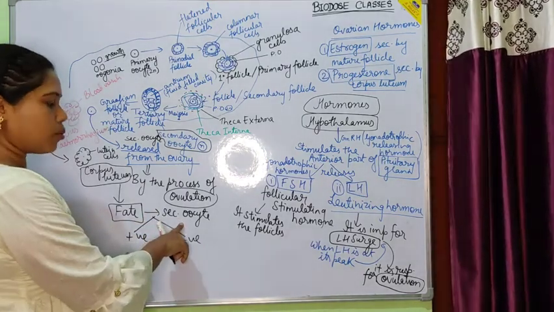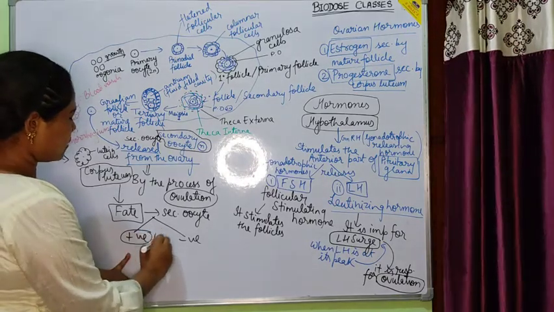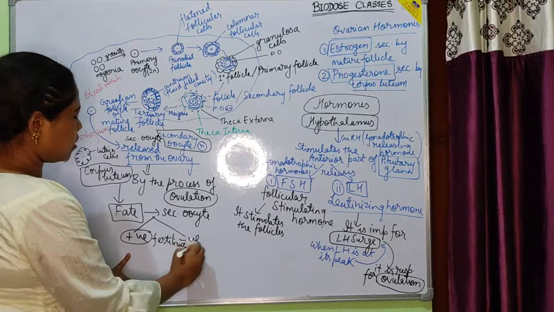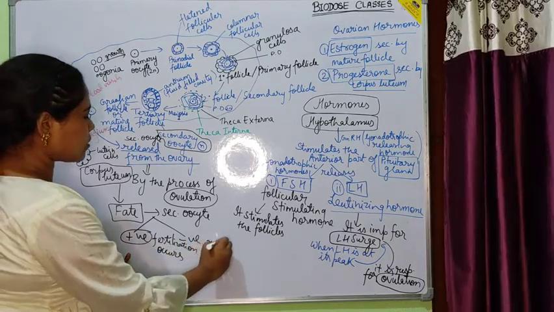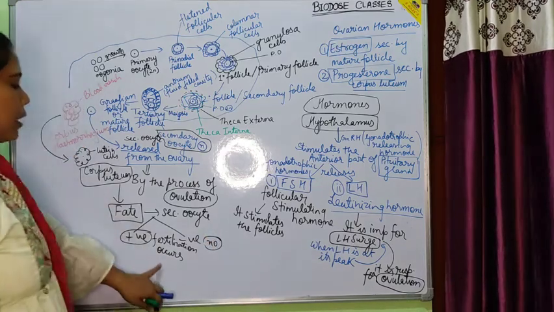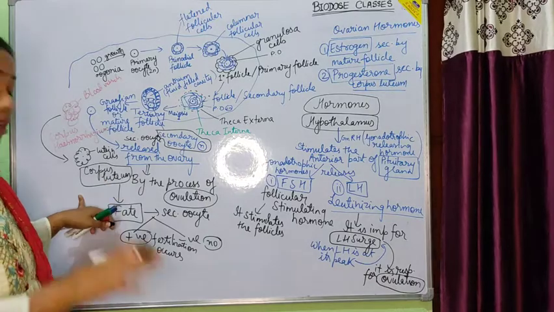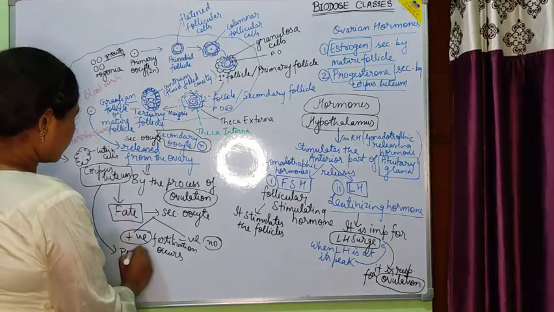If the secondary oocyte meets with the sperm, then it is fertilized. So fertilization occurs. Here, no fertilization. So if fertilization occurs, this corpus luteum would persist.